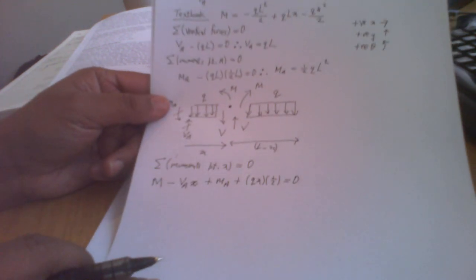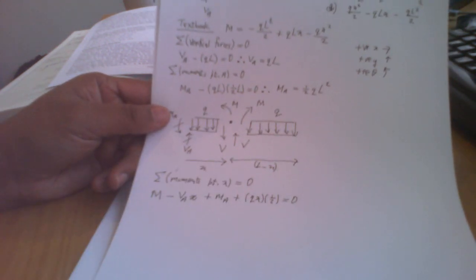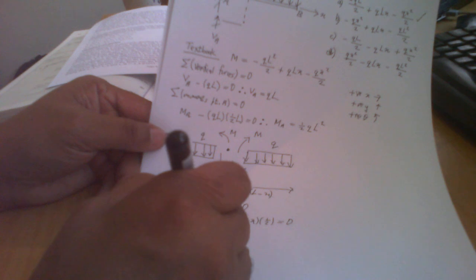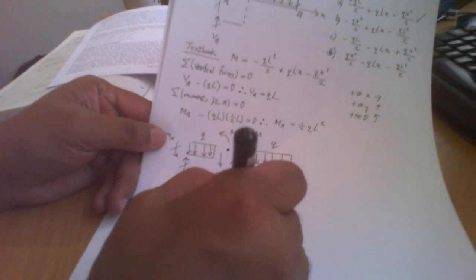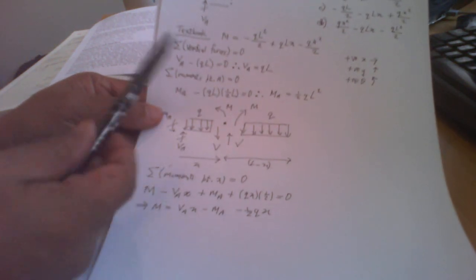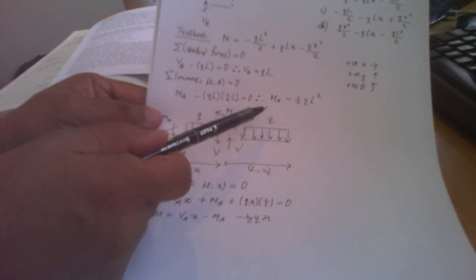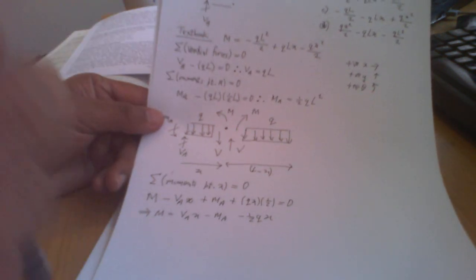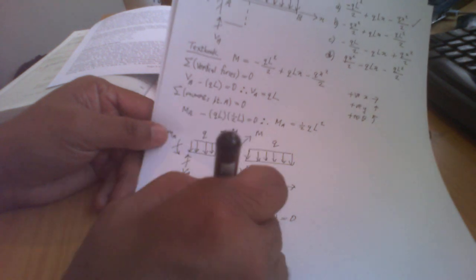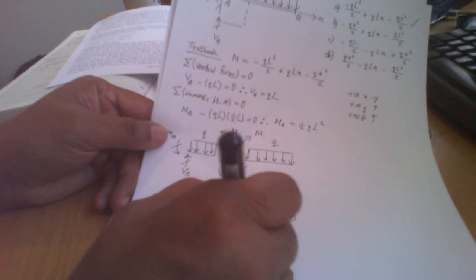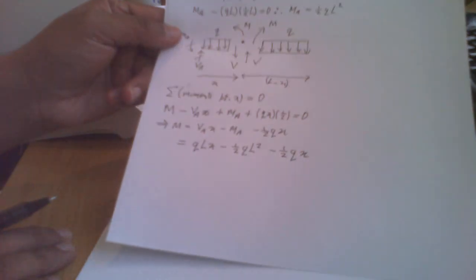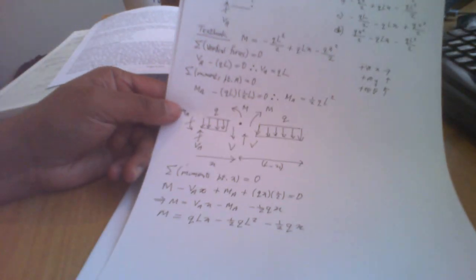We would then solve this expression for the bending moment, which would imply M is equal to VAx minus MA minus a half Qx squared. And we previously solved for the reaction force and the reaction moment. We substituted back into the expression. That would then be QLx minus a half QL squared minus a half Qx squared. That's the answer from first principles.